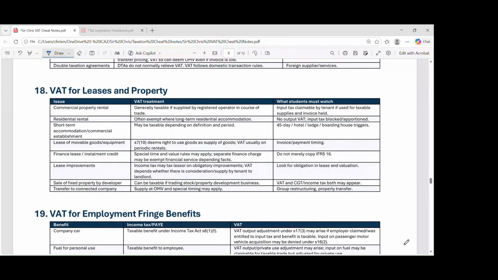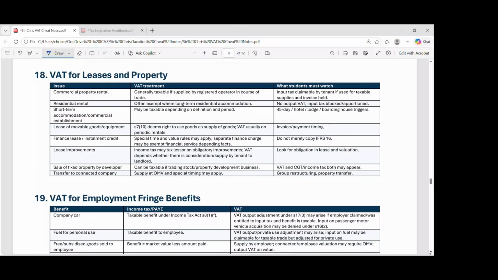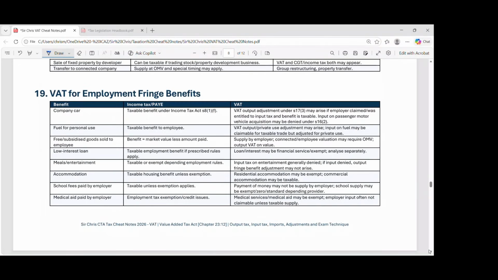Then etc. So there are many things, and I also covered VAT for employment fringe benefits. For example, if I have a company car, it's a taxable benefit under income tax section 8(1)(f), isn't it? So a VAT output adjustment may arise if the employer claimed or was entitled to input tax and the benefit is taxable.